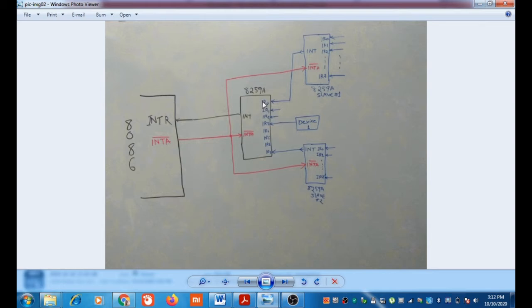IR0 is the highest priority and IR7 is the lowest priority. We can rearrange the priorities. That is also possible with 8259A. By default, IR0 is the highest priority and IR7 is the lowest priority.